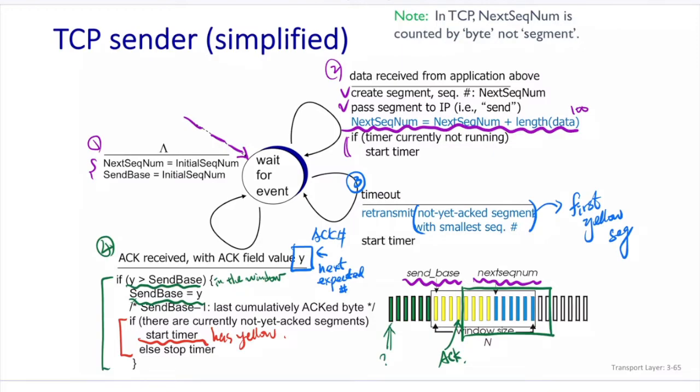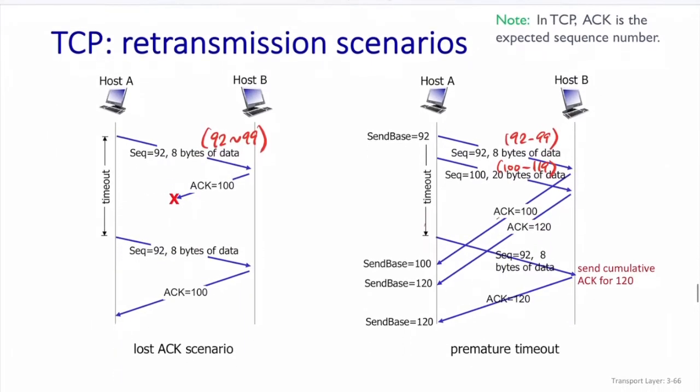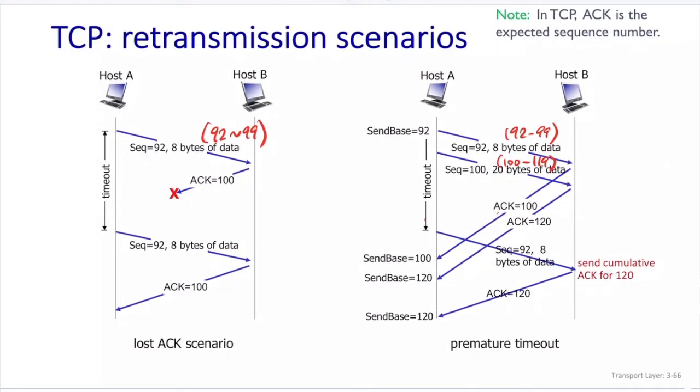So let's take a look at an actual example. Host A sends a packet to host B, and the current sequence number is 92, with 8 bytes of data included in this packet. Since there are 8 bytes, the index is 92 to 99.